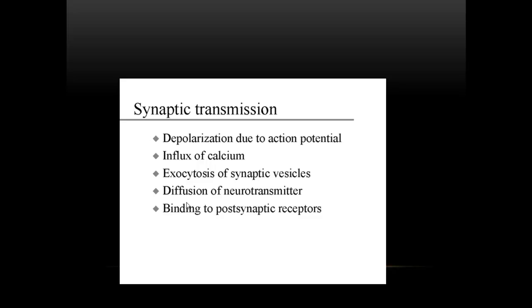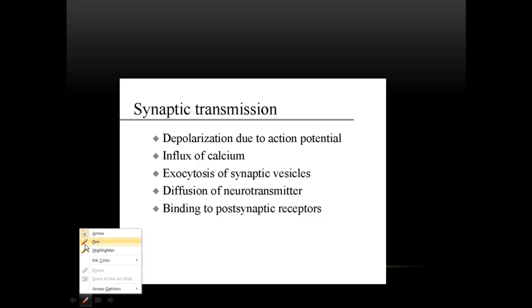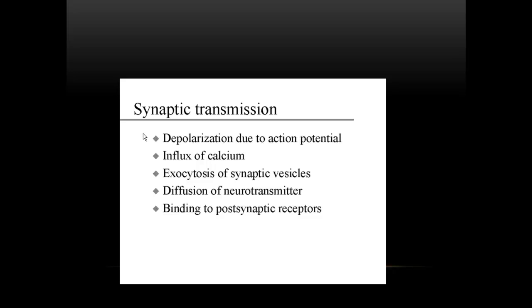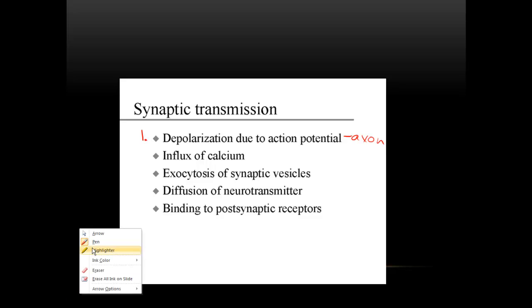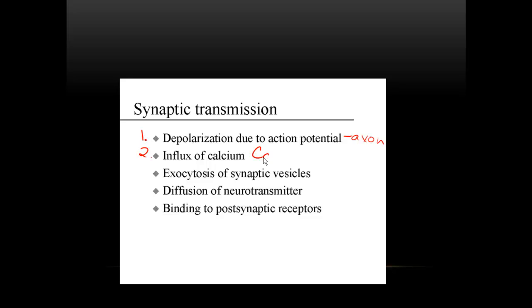Okay, so the order of events, what is going to occur in this story? Depolarization of the axon of the first neuron is going to cause the influx of another ion, calcium, Ca2+, and this is going to move to the inside of the axon.